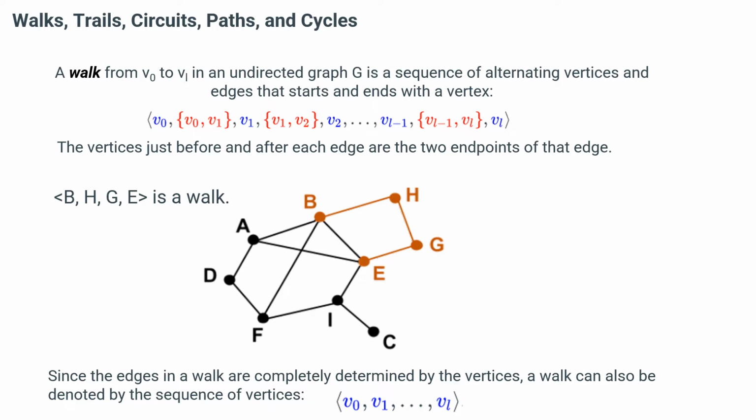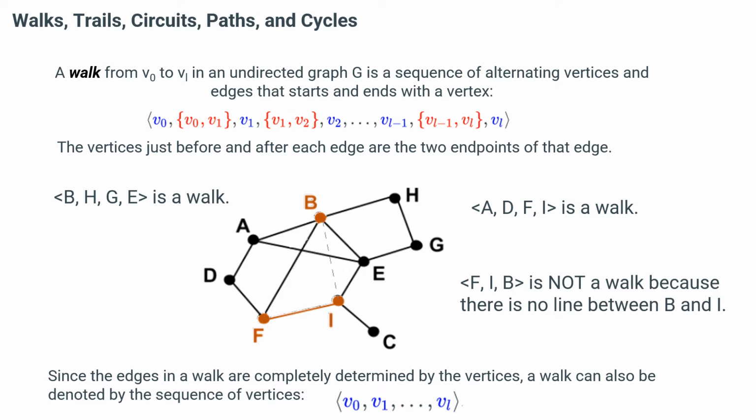So that would work. That would be a walk. Let's look at another one, A, D, F, I. Going from A to D to F to I, that's a walk because I've walked through those vertices and I've used the existing edges.